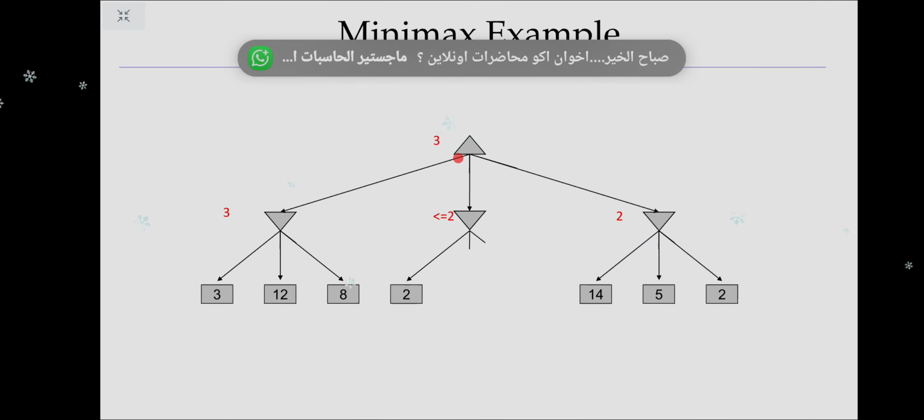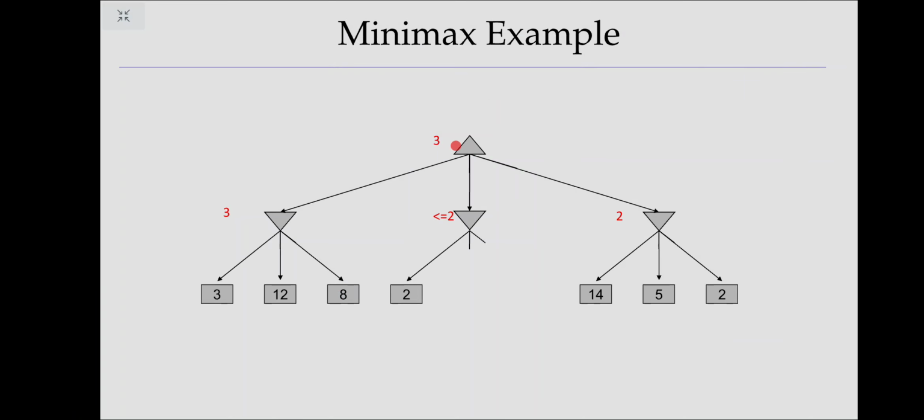For example, we started from this max node. This max node considers the leftmost child. The leftmost child is a min player. The min player considers the leftmost child, which is a terminal node with utility 3. 3 is returned to the min player. The min player takes it and checks the next child.